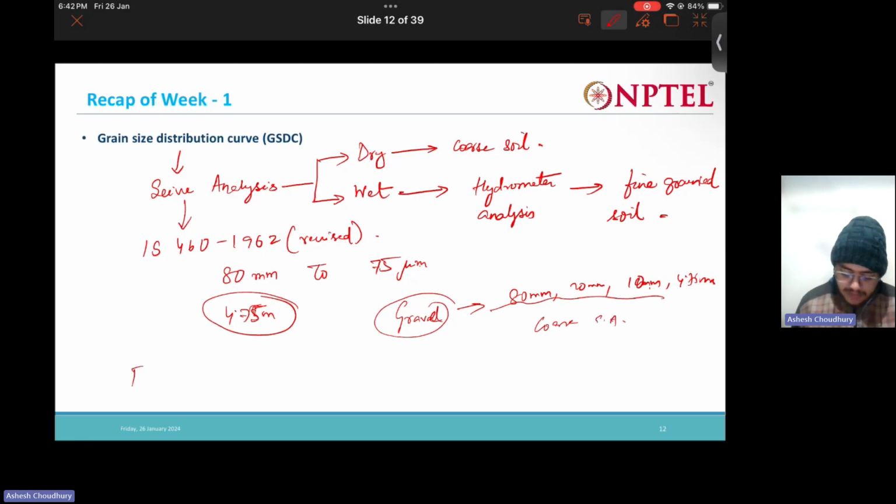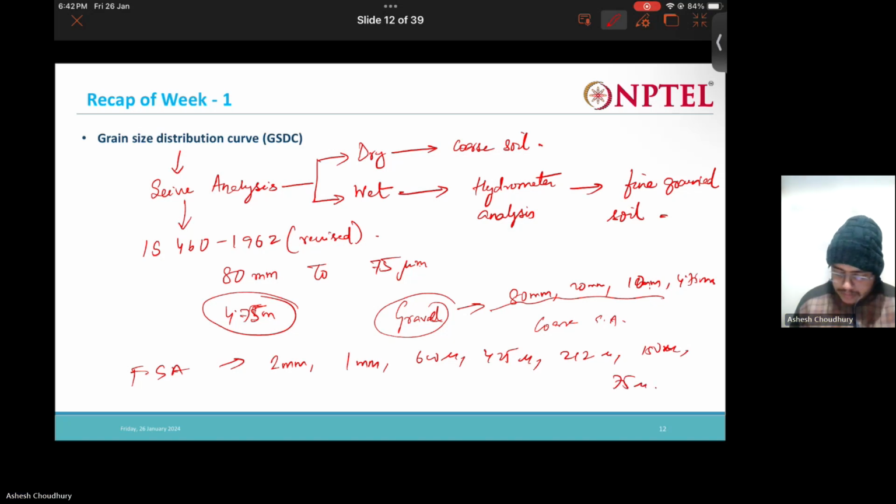For the fine sieve analysis, the sizes of the sieve are 2 mm, 1 mm, 600 microns, 425 microns, 212 microns, 150 microns, and 75 microns. Sorry for the bad writing, I will just write it again.